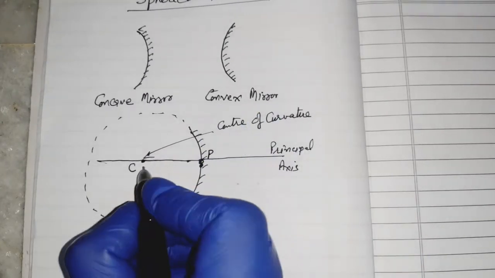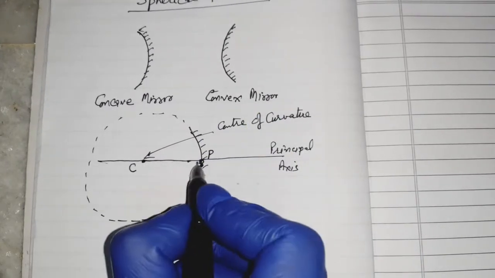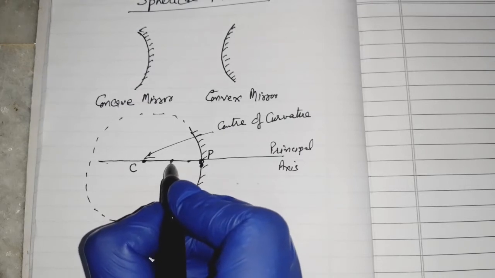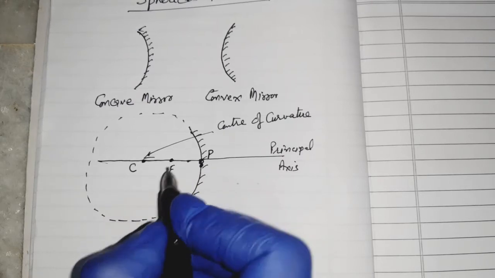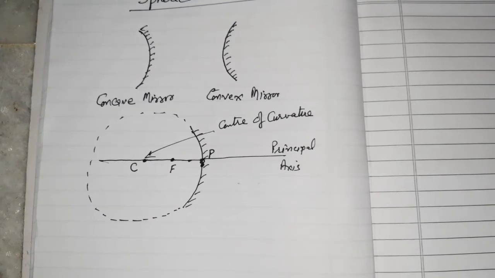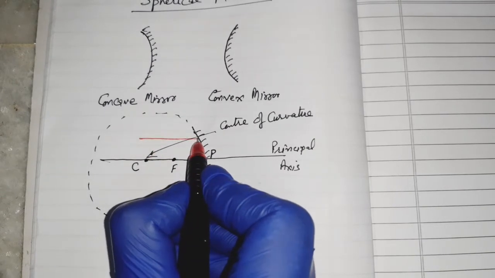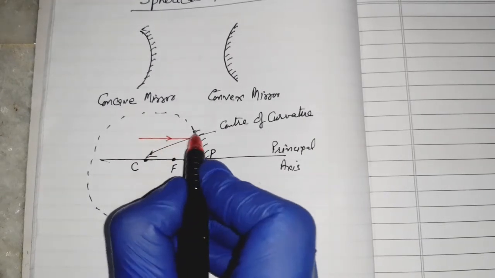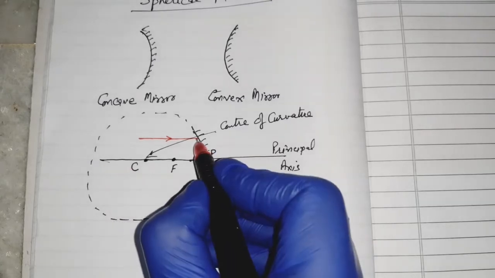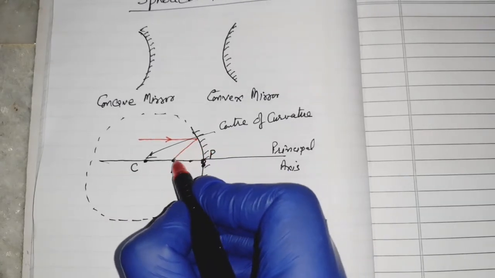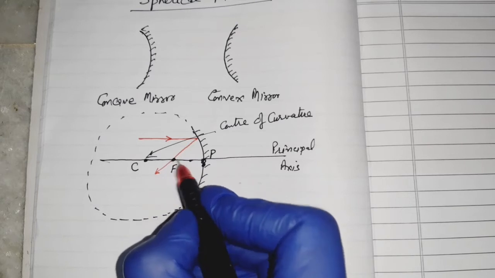One more point is there, somewhere in between C and P, called the focus. What is the focus? Focus is a point through which a ray coming towards a concave mirror parallel to the principal axis gets reflected and passes through a point on the principal axis.